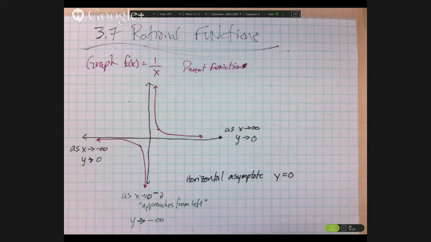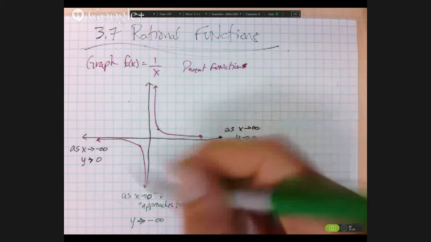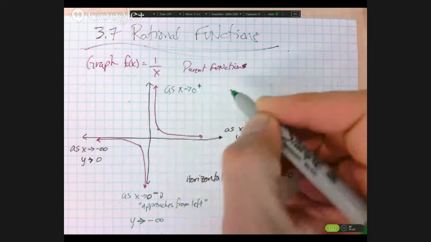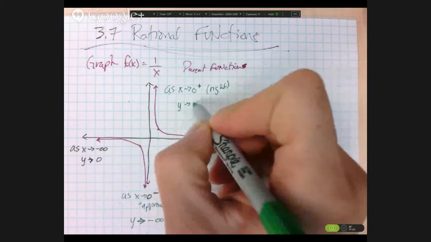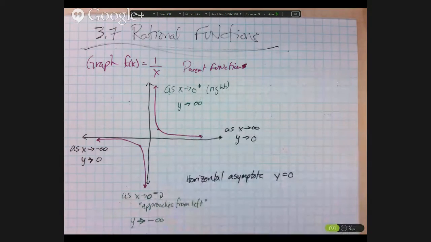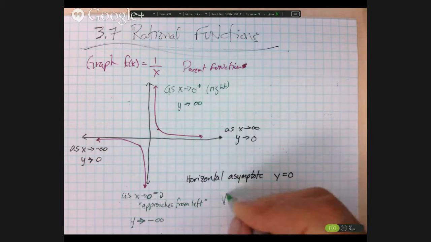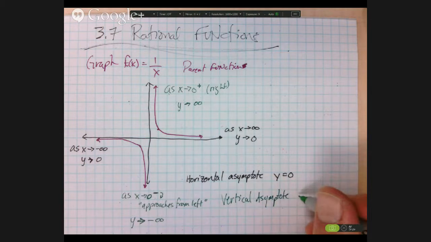So we have 2 end behaviors? 2 what? 2 end behaviors? Yeah. Okay. 4 really. Well, yeah. 1, 2, 3. And then what is this one? As x approaches 0 from the right, y approaches infinity. That tells us we have a vertical asymptote. Equation?